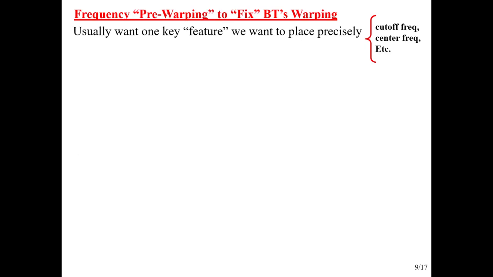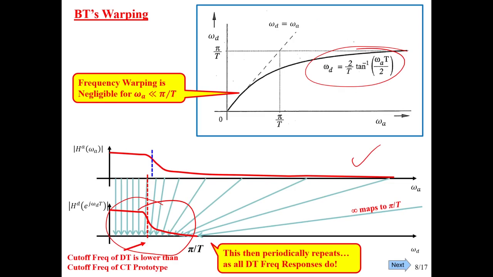So what if we want the, say, cutoff frequency to be exactly where we want it? So let's go back and look at this previous slide here. We said that the cutoff frequency for our design ends up being a little to the left of our target. So what if that is not what we want? So here's how we could do that. We start with a filter that is actually moved out a little bit.